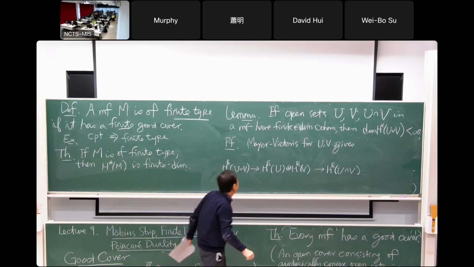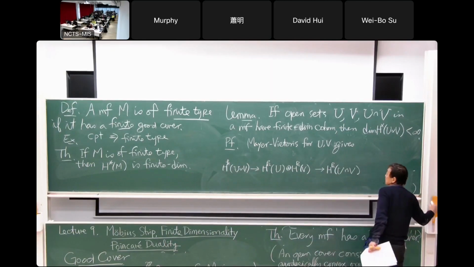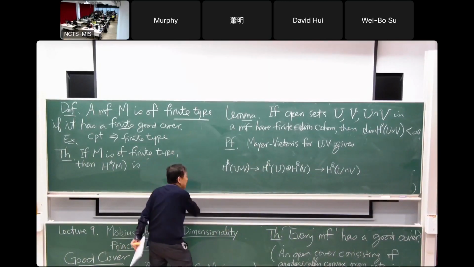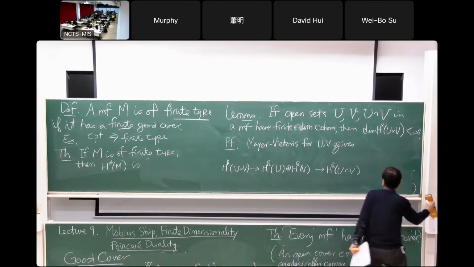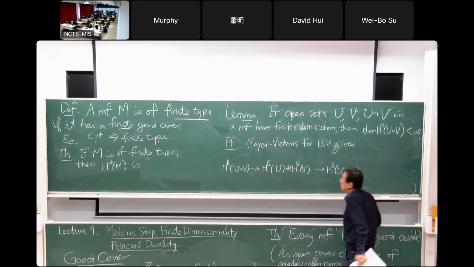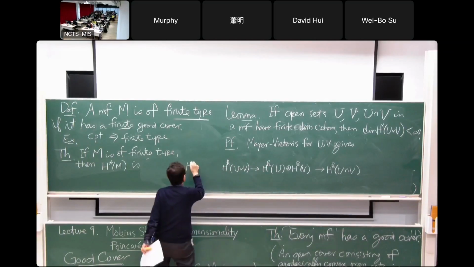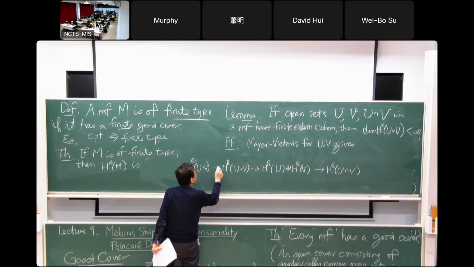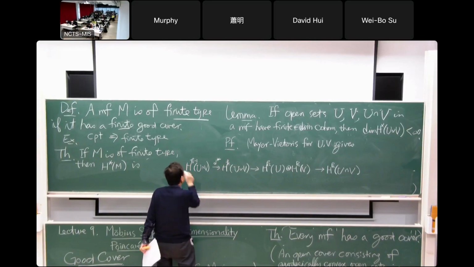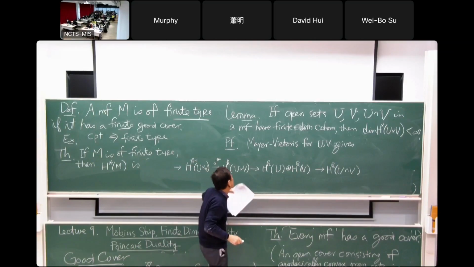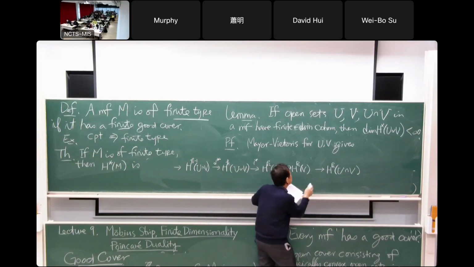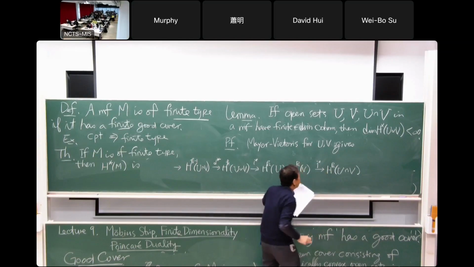And H^k of the union comes from H^(k-1) of the intersection. This one is the restriction, and this one is the difference.